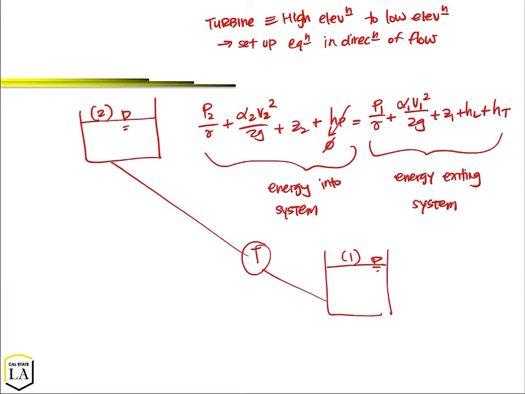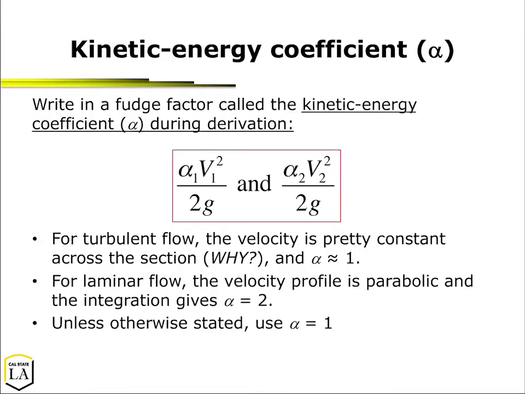Now I'm going to explain that alpha term. That alpha term is called the kinetic energy coefficient, and it is essentially kind of like a fudge factor that occurred during the derivation of the energy equation. For turbulent flow, the velocity is pretty constant going across the section for fully developed turbulent flow.